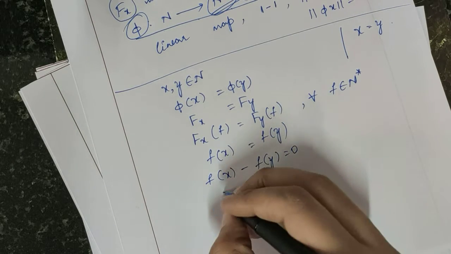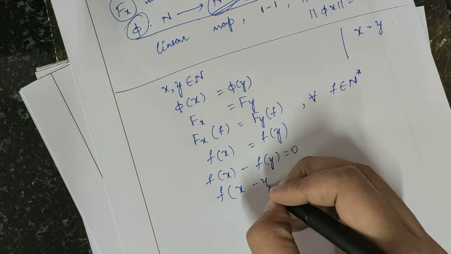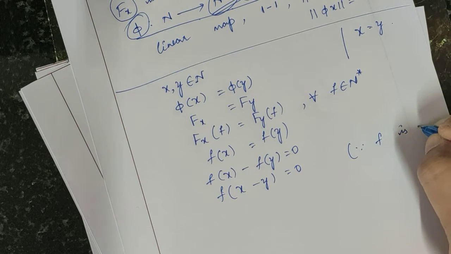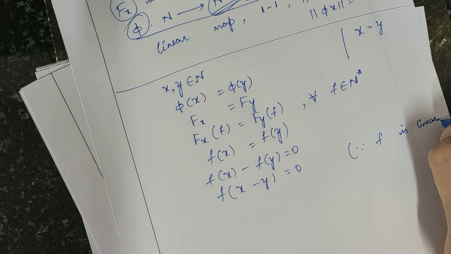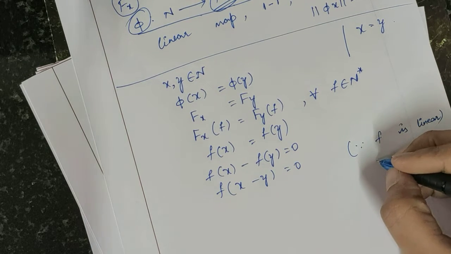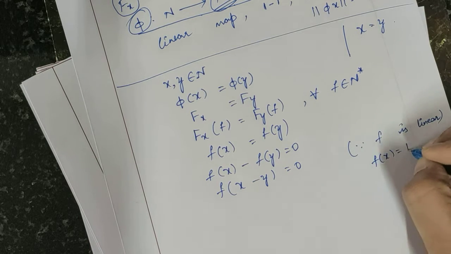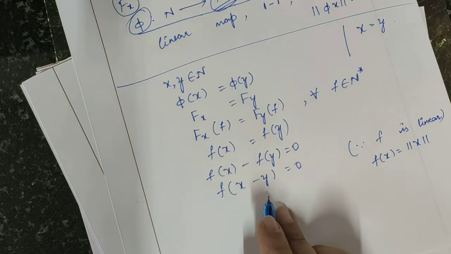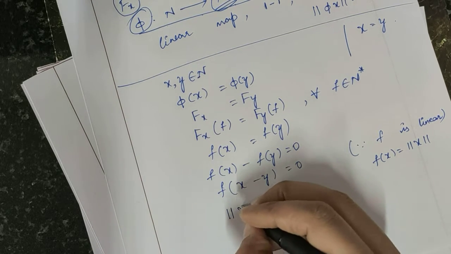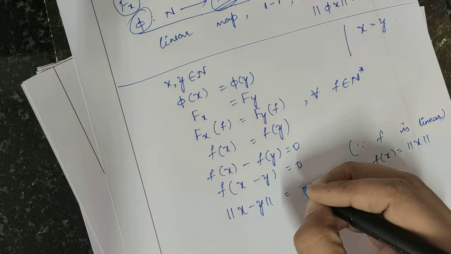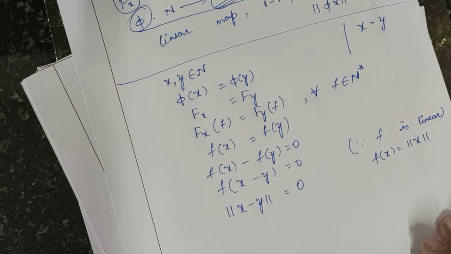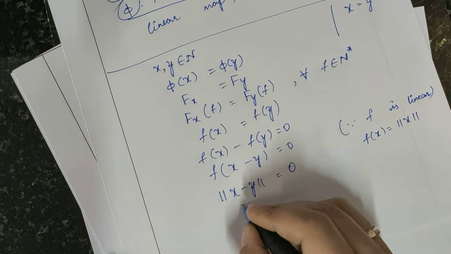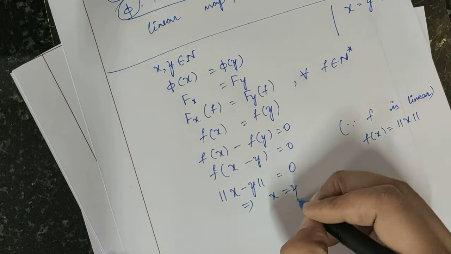And since f is linear, we can write f(x minus y) = 0. This is because f is linear, right? And we know f(x) is nothing but norm x. So f(x minus y) can be rewritten as norm of (x minus y) = 0.